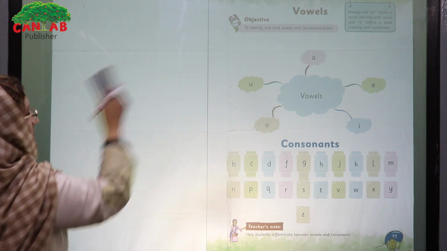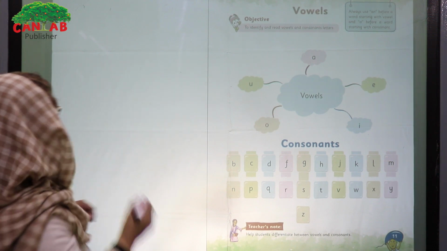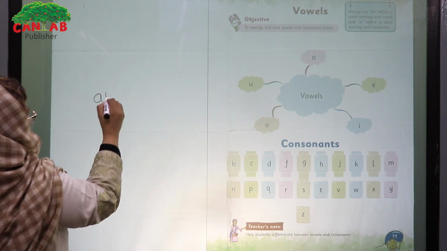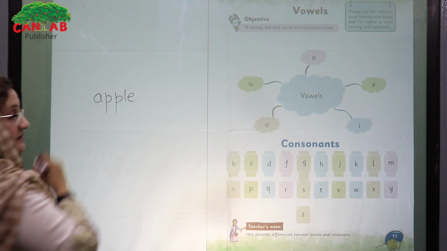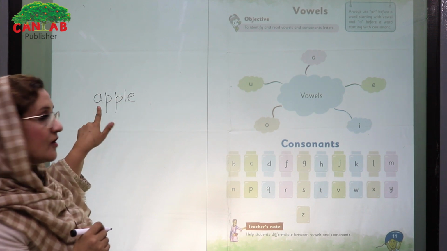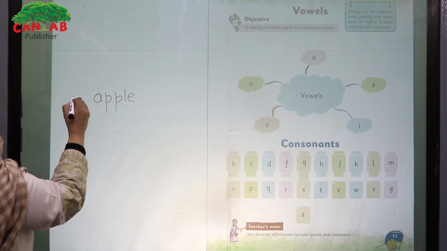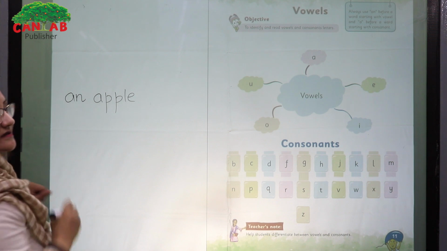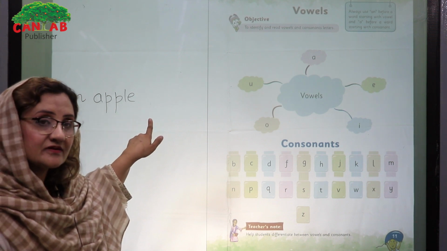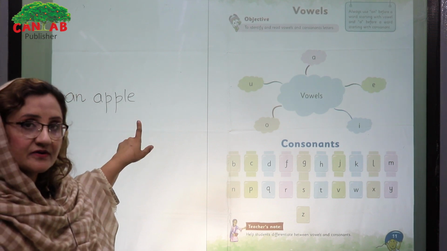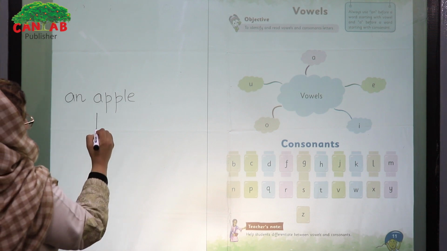You can write different words on the board. For example, you can write apple. Apple. Is it beginning with a vowel? Yes, it is. So it's going to have an: an apple. Now read the next word.